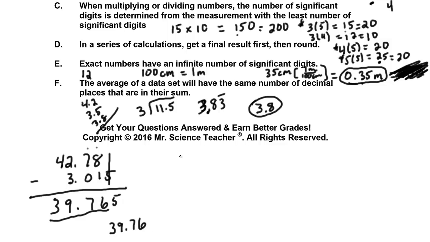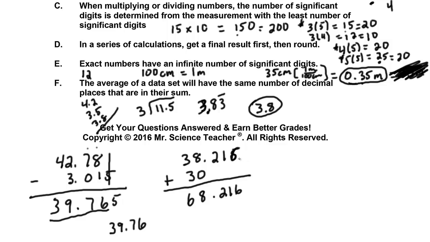If we go and have something like 38.215, well, it looks kind of like a 6, doesn't it? We'll say 38.216. And so if we want to add to that, let's just say we wanted to add 30 to it. Notice that we have a 0.216, we have an 8, and a 3 is a 6.